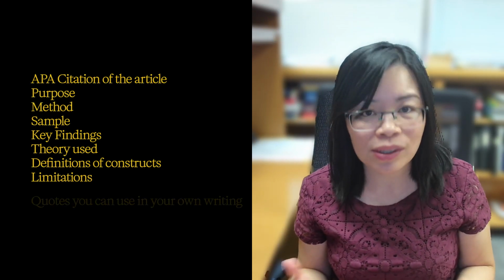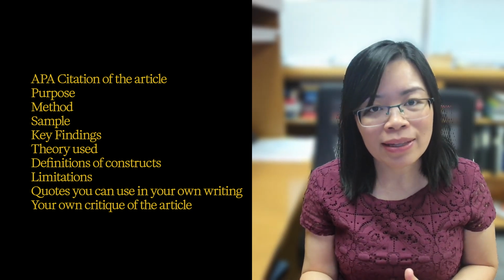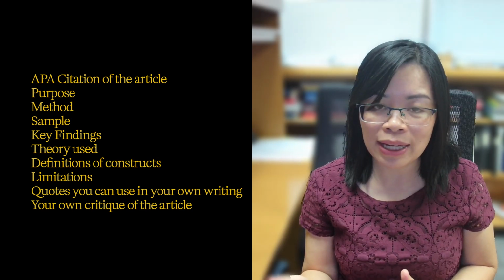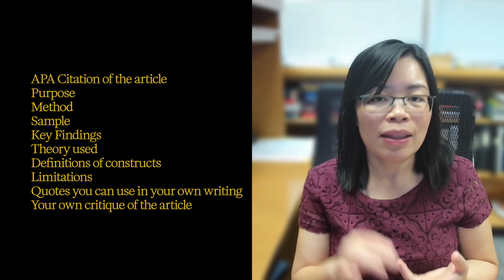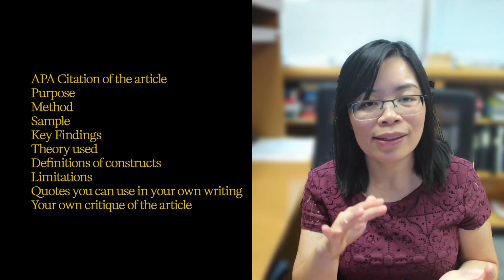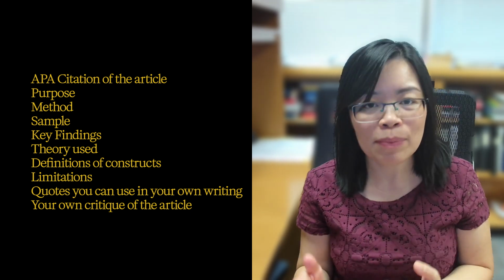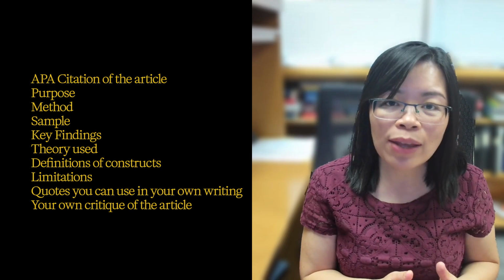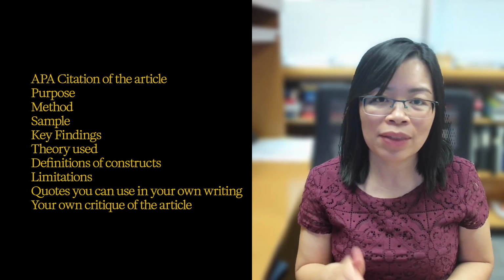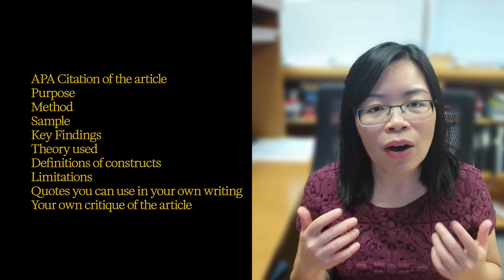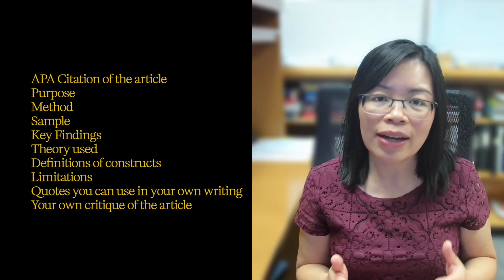In your notes, you should include the APA citation of the article you read, the purpose of the study, the methods, the sample, the key findings, the theory used, how the theoretical constructs were defined, the limitations, and the quotes you can use in your own critique of that article. Those notes will offer great help when you synthesize the literature.